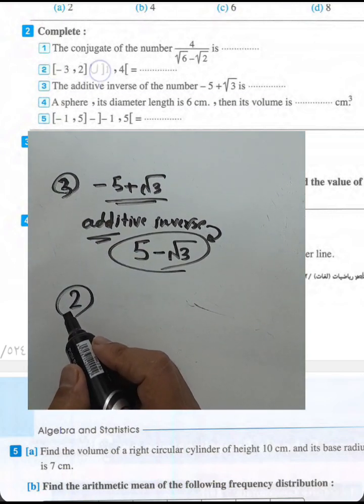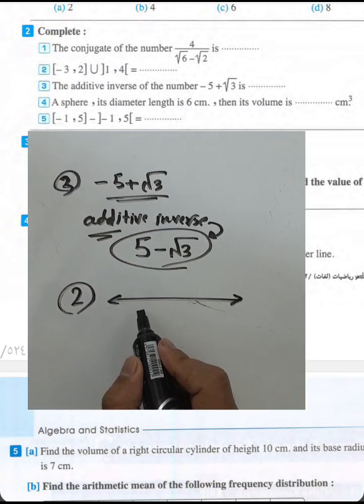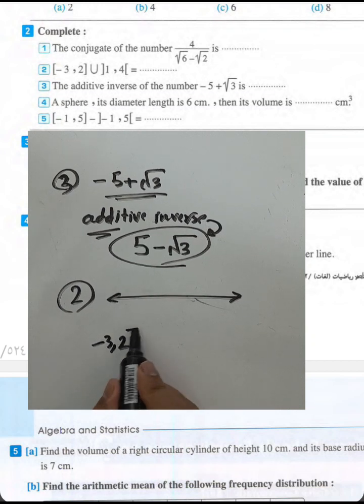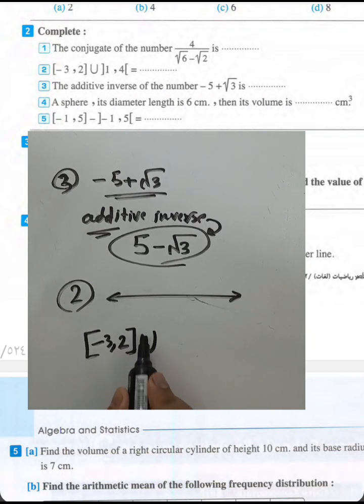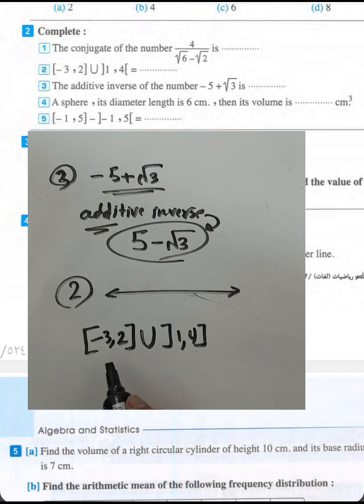We have the union between two intervals. The first interval from -3 to 2 is closed. Union with the half closed interval 1 and 4.